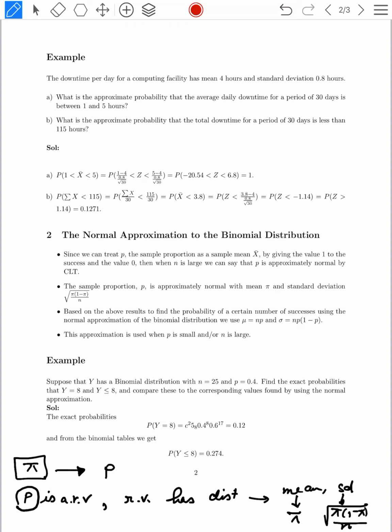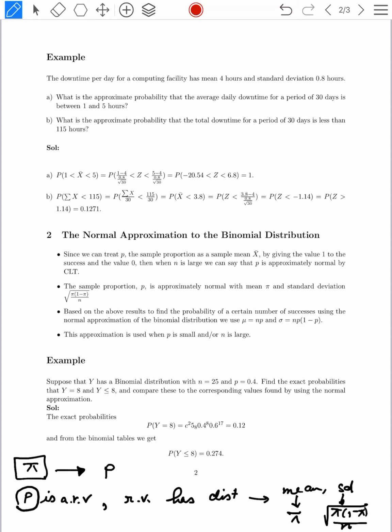Now the point is, I would like to get probabilities related to the sample proportion. And in statistics, we would like to use the normal distribution to obtain these probabilities. How are we going to obtain these probabilities for something that's not quantitative?